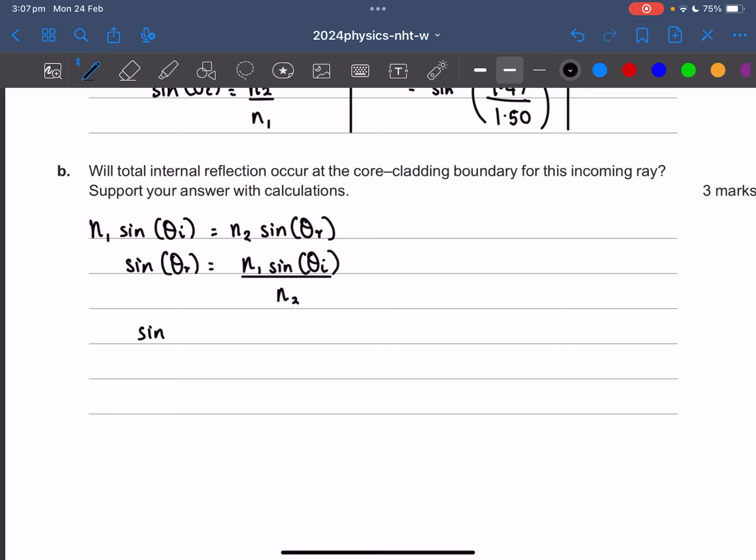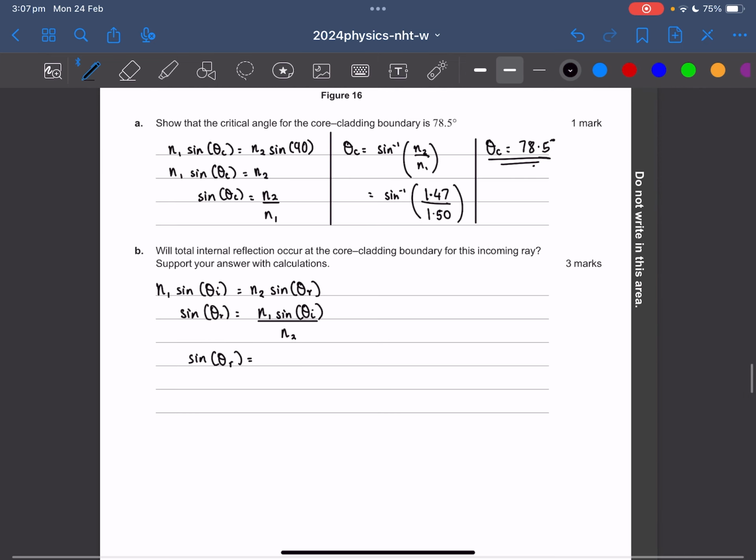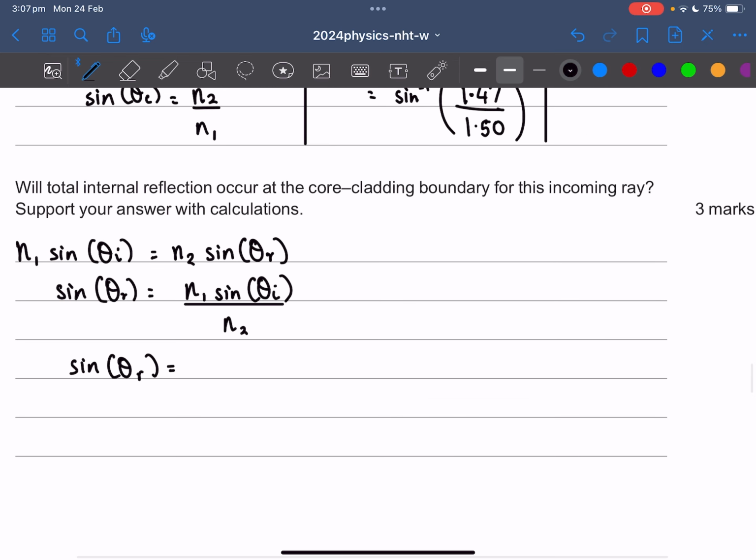N1 is just air, so the refractive index is 1. So sine of 24 over 1.5.